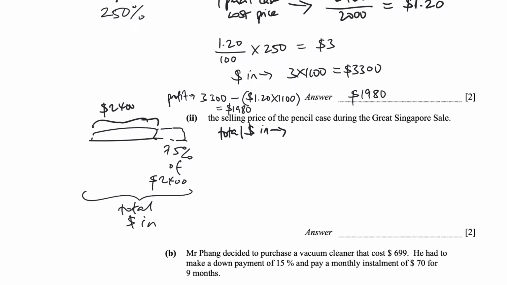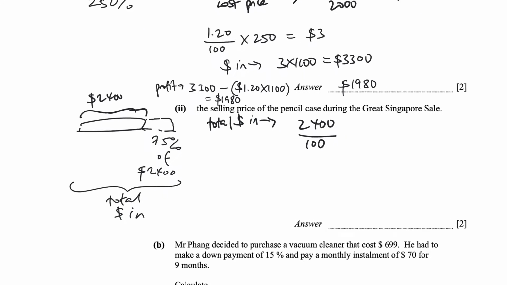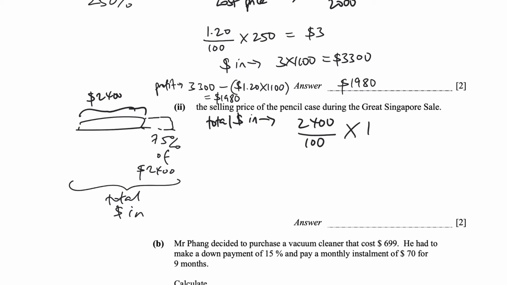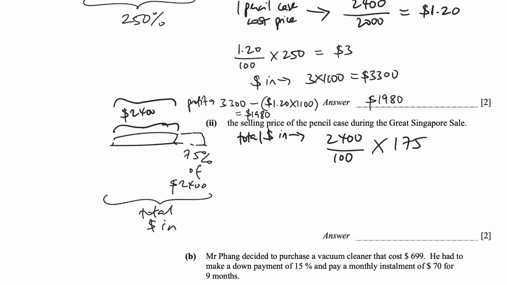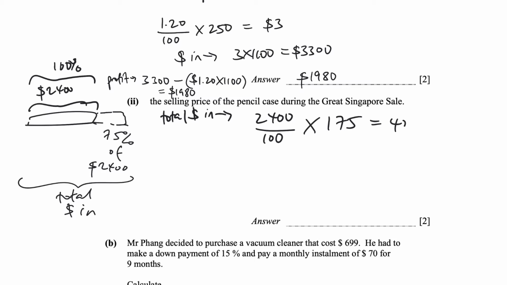Since it's 75% of 2,400, we can divide by 100 to find 1%, and multiply by 175%, because this is actually 100%, so the total is 175%. Yep, and this will give you $4,200.